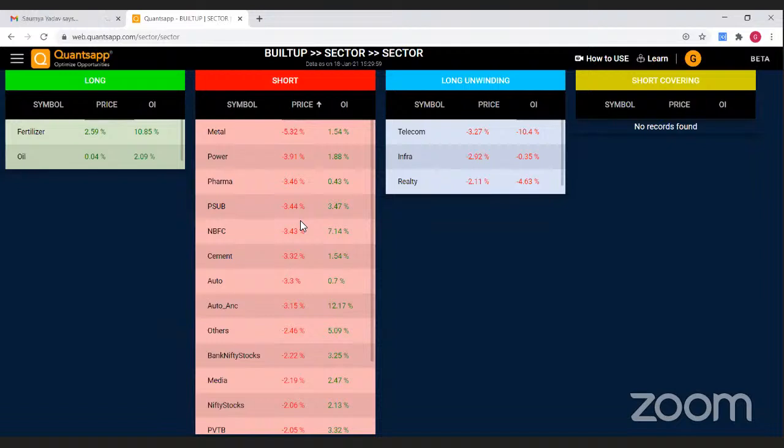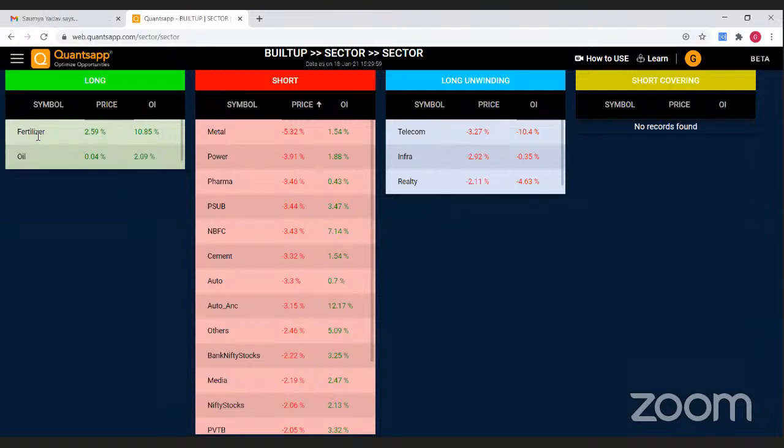Now if we go to the longs, today there was nothing special, but you can see that even though the whole market, the whole FNO segment, is on the short side, we saw oil and fertilizer. If we skip oil, there is not much price movement, not even OI movement.